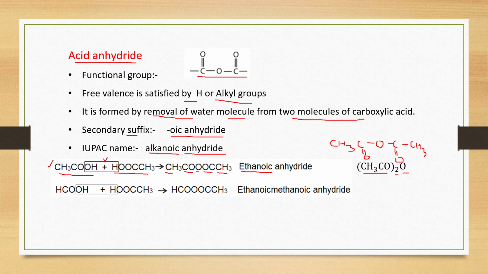But if this anhydride is formed by two different acids, like this is methanoic acid and this is ethanoic acid, then this water molecule is removed and we will get this one. Then when we write the name of such an anhydride, the names of the acids from which it is formed are written in alphabetical order. So this is ethanoic acid and this is methanoic acid. So its name is ethanoic methanoic anhydride.